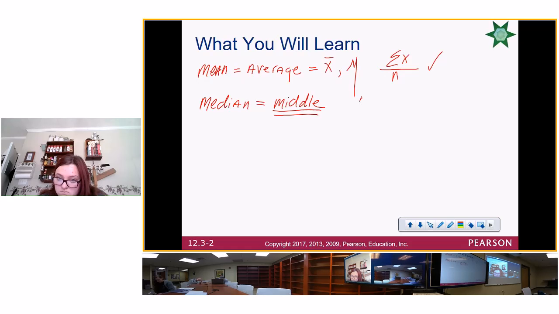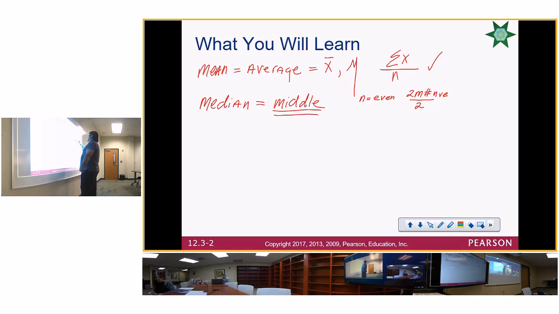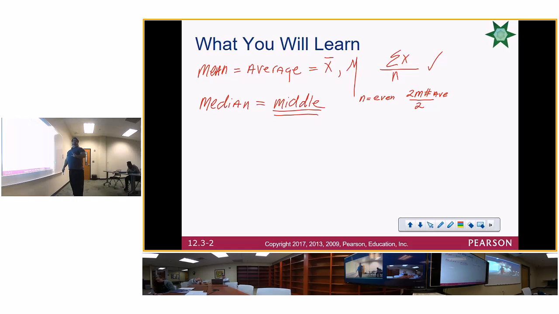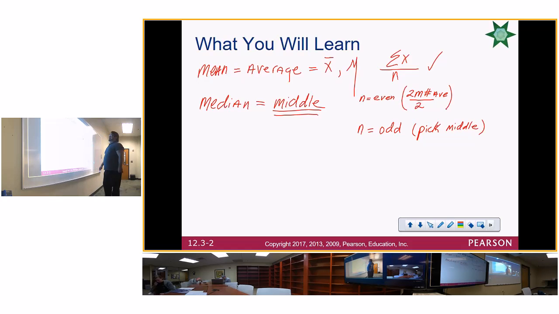If n is even, you find the two middle numbers and divide by 2. Take the two middle numbers, average them, and divide by 2. We're going to do this, so don't spaz out if you've never seen it before. If n is odd, you just pick the middle. Okay, so that's how you find the median.